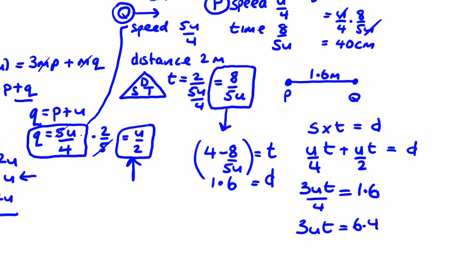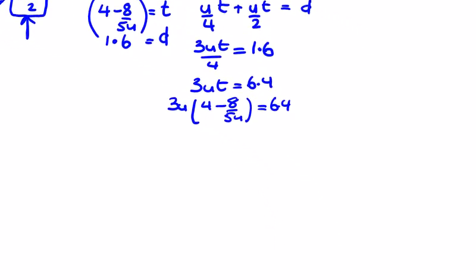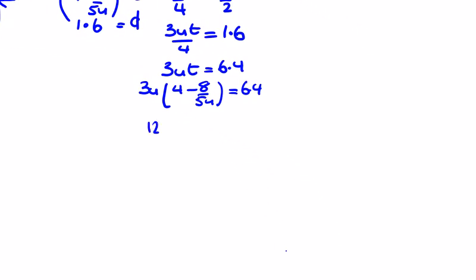So we sub in the t now. We get 3u times 4 minus 8 over 5u equals 6.4. So we get 12u minus 24u over 5u, which is 24 over 5, equals 6.4. 12u equals 6.4 plus 4.8. 12u is equal to 11.2.